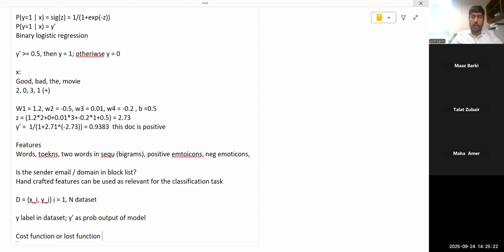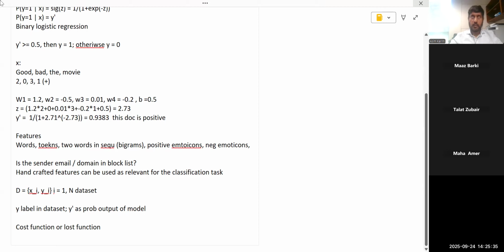And since y prime is based on our parameters, we would like to find those parameters that would minimize the loss. ठीक है. So if I want to write it in layman terms, we want W star, B star. I'm writing star just for the optimal values. So these are the ones that come from optimizing the loss function.